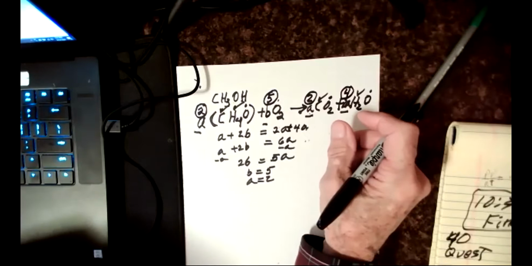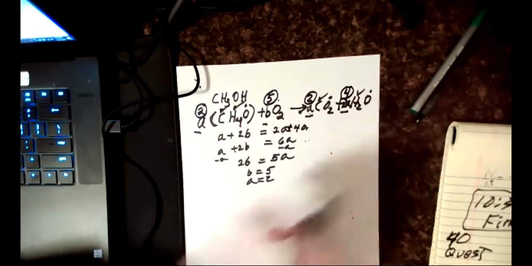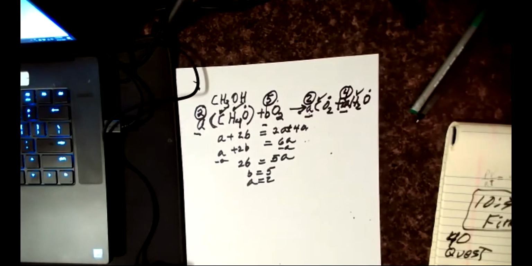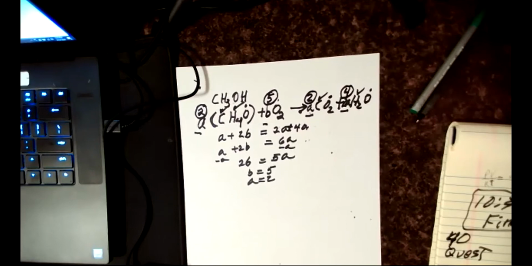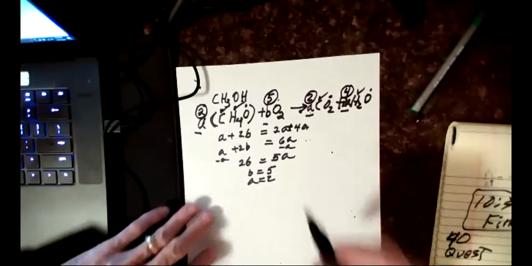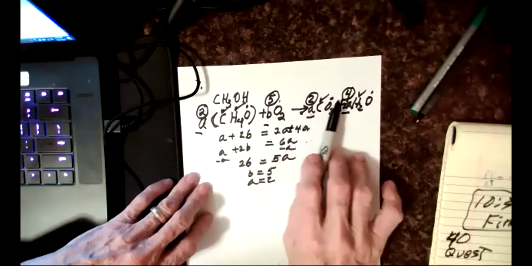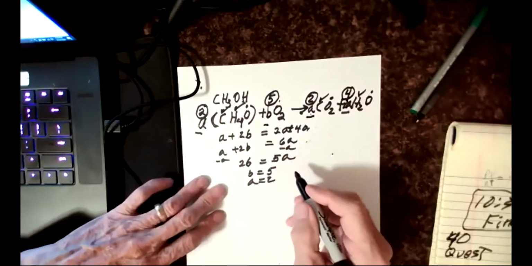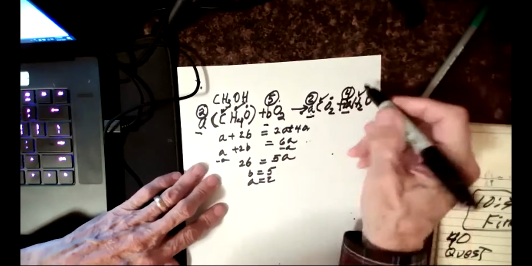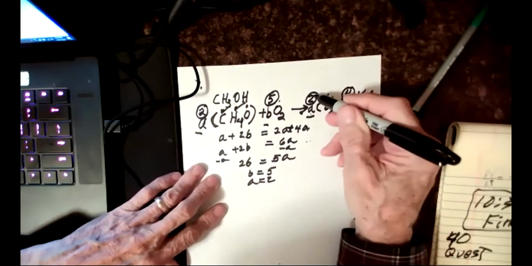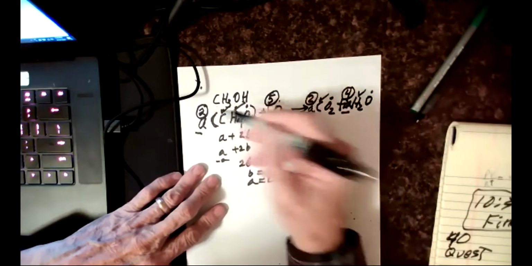And it says the sum of the coefficients in the balanced equation of methanol and oxygen to produce carbon dioxide and water is, so I need to add all these coefficients up. 4, 5, 6, 11, I get 13.